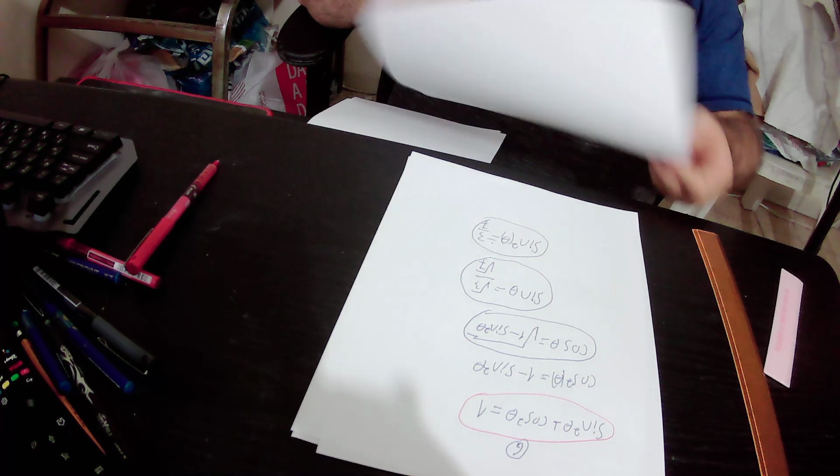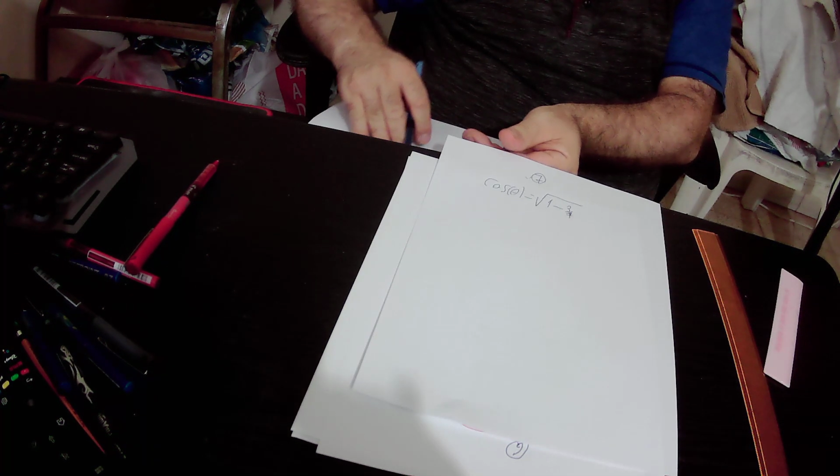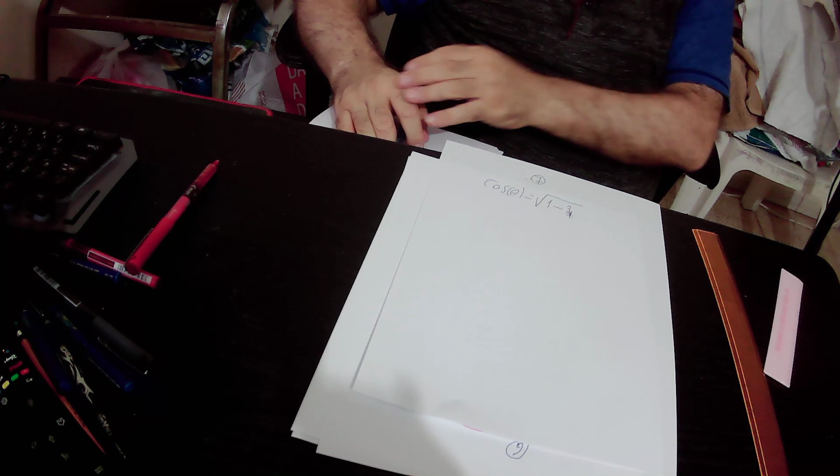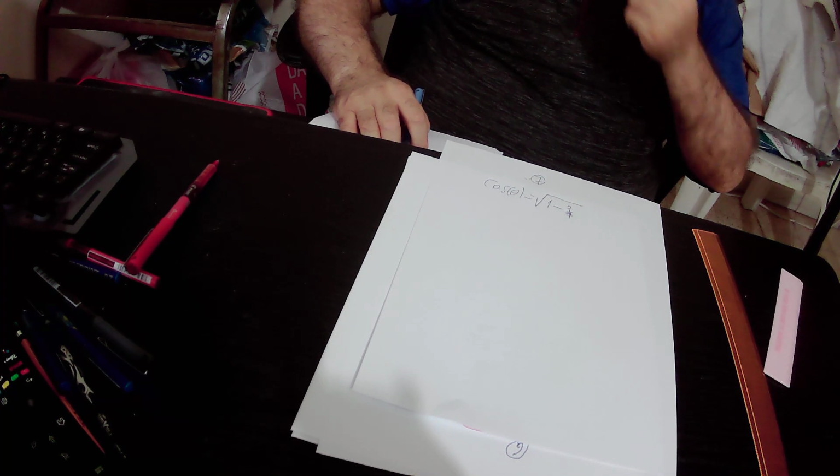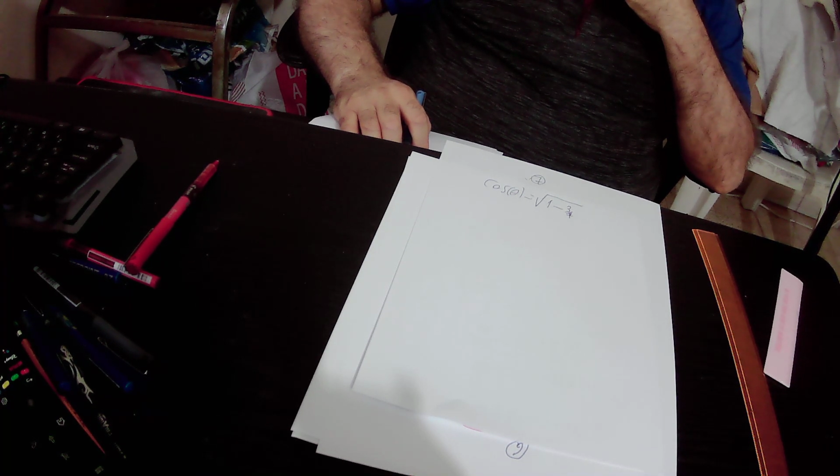So we got that cosinus theta equals the root of 1 minus 3 over 7. 1 minus 3 over 7 equals 4 over 7.